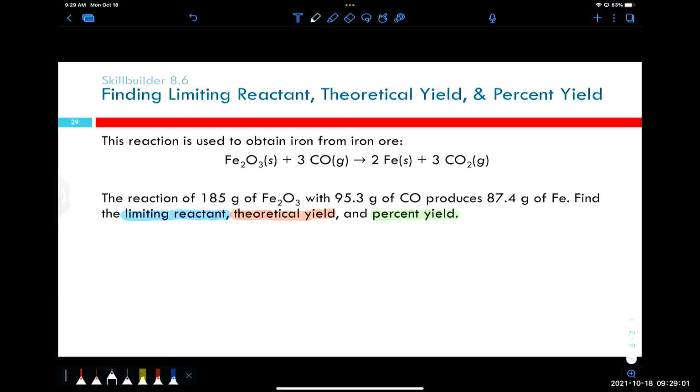So we're going to have the same basic steps that we talked about before. We've identified that we have a limiting reactant problem, since we're asked to calculate it. We'll start in the same way that we've started them all, writing out 185 grams of iron oxide.